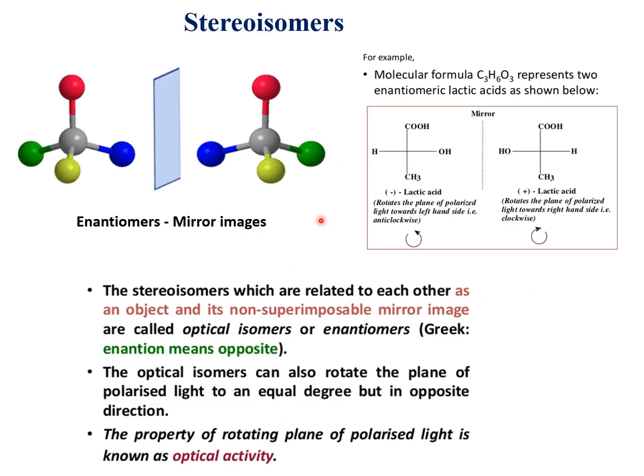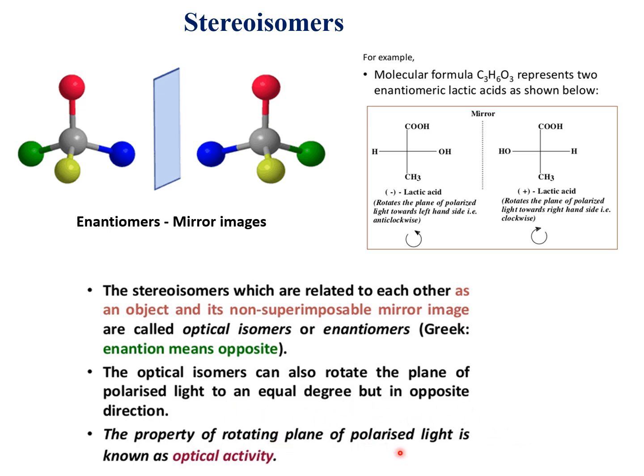So the next one is stereoisomer. Under stereoisomer, we should see about the enantiomers. Non-superimposable object and mirror images are termed as enantiomers. In Greek, enantion means opposite. The optical isomers can rotate the plane of polarized light to an equal degree but in opposite direction.